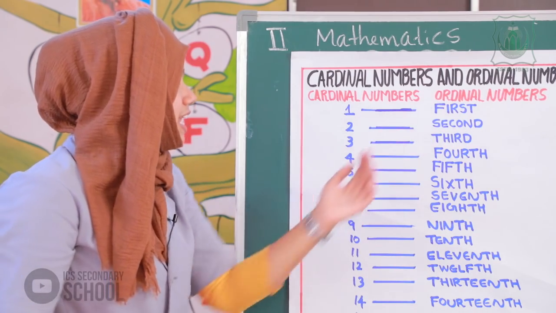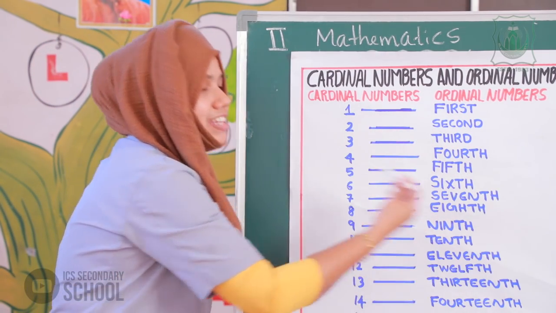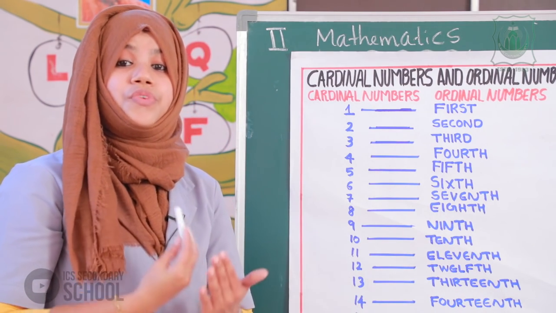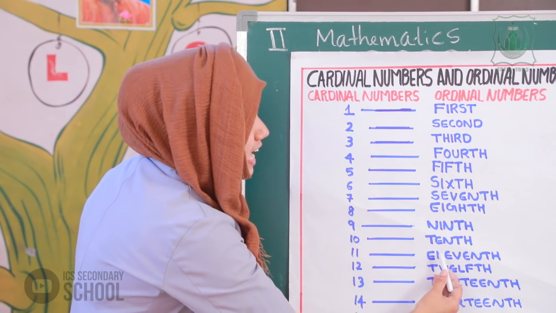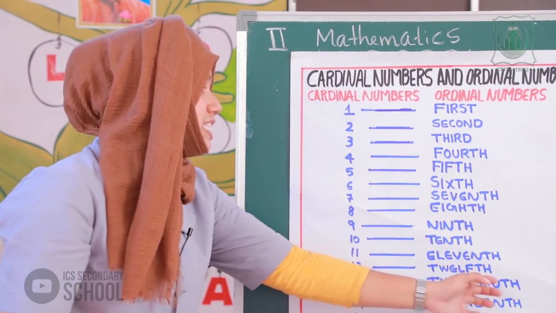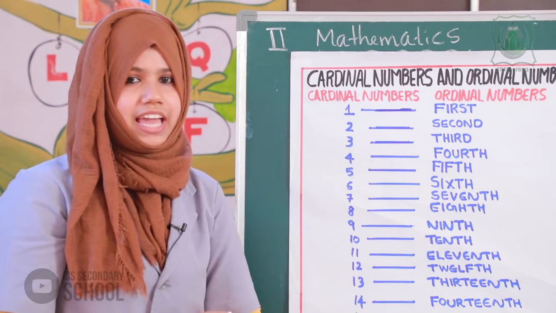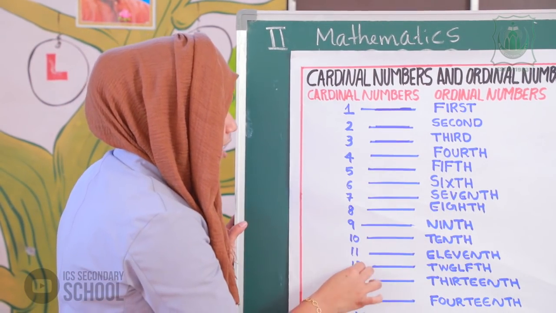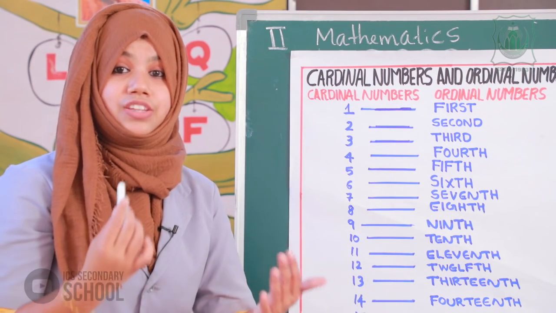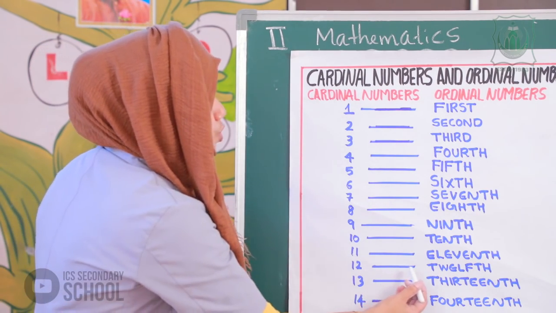What is the ordinal number of 11? 11th. What is the spelling of 11th? E-L-E-V-E-N and T-H. Okay. Next is 12. 12 is the cardinal number and the ordinal number is 12th.